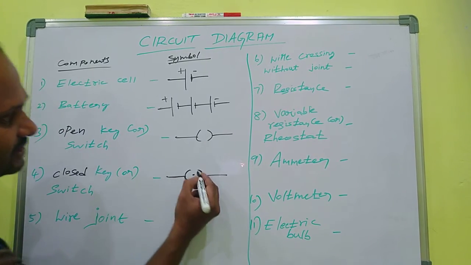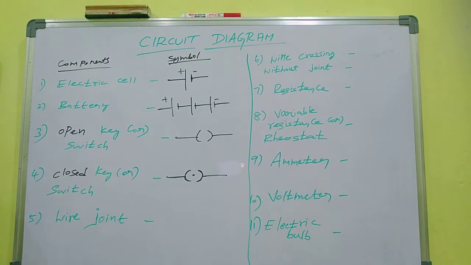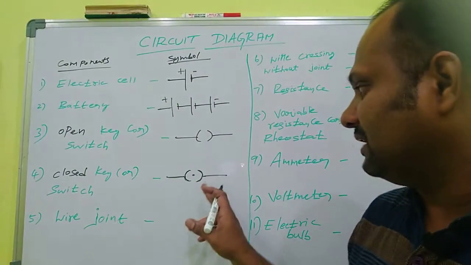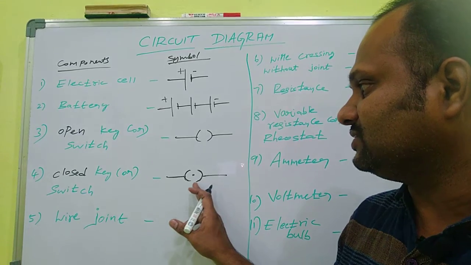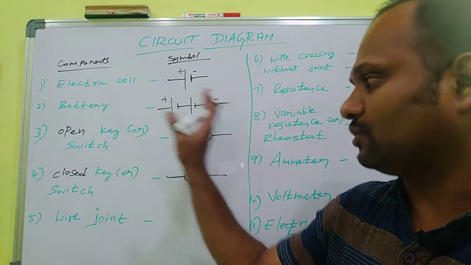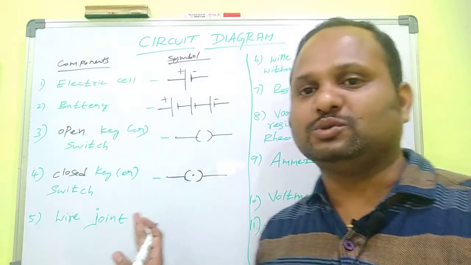Now the current is flowing in the circuit when this symbol is drawn, because here the switch is closed. So the circuit is closed, and the current will flow through the circuit.